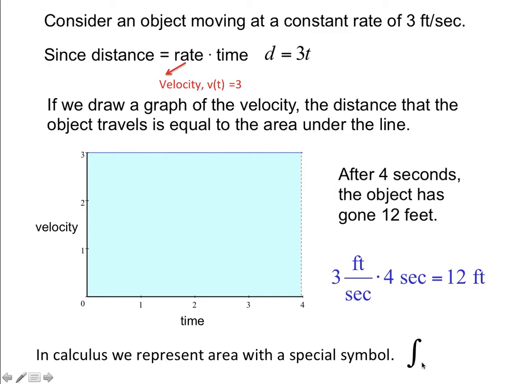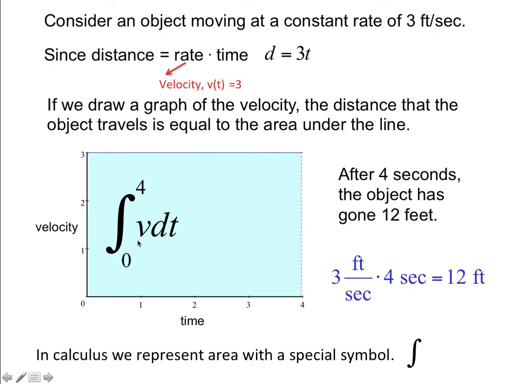The notation goes like this for this specific problem. We have the accumulation, or the area, from a time starting at 0 to a time ending at 4 seconds. And the area that we're finding is underneath this function here, which is the velocity function.